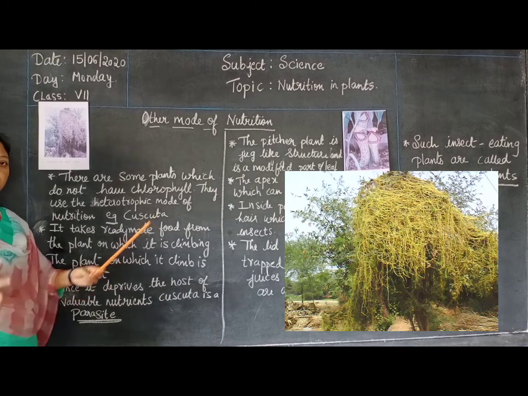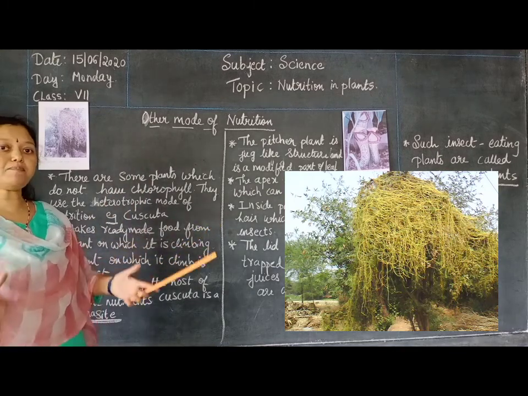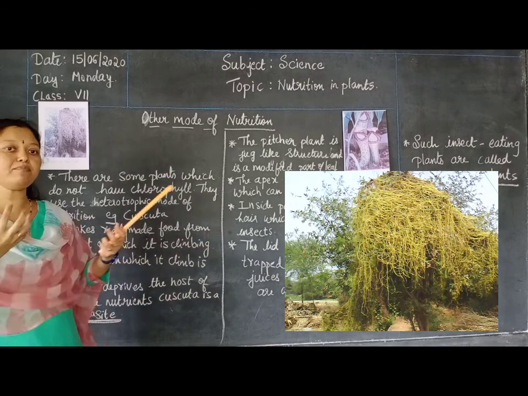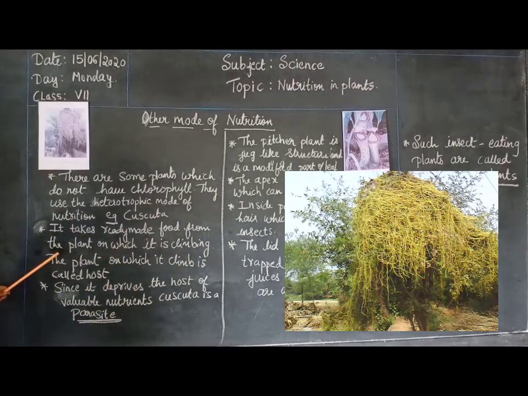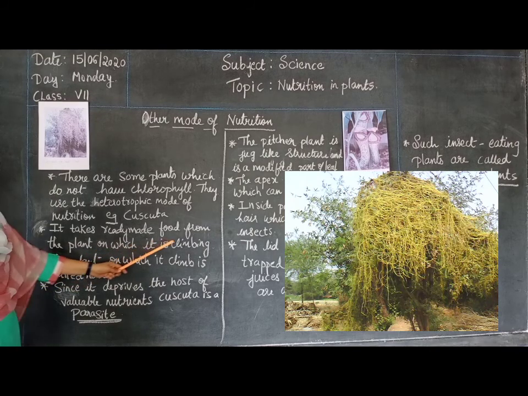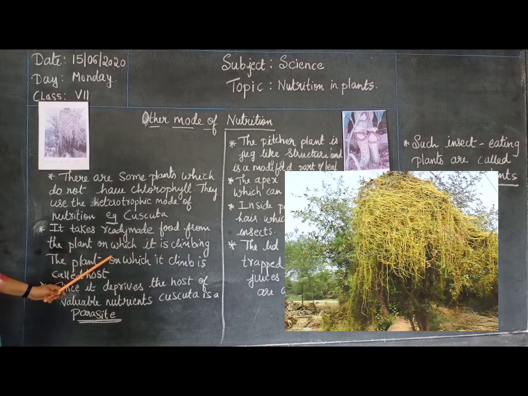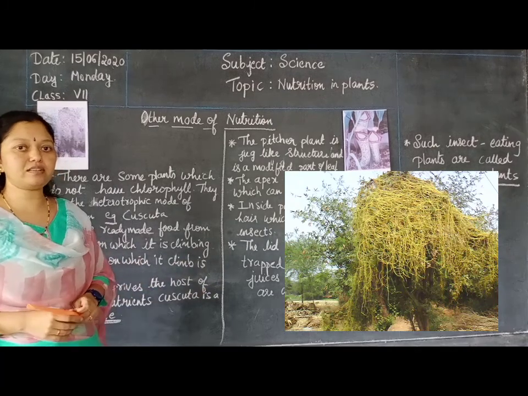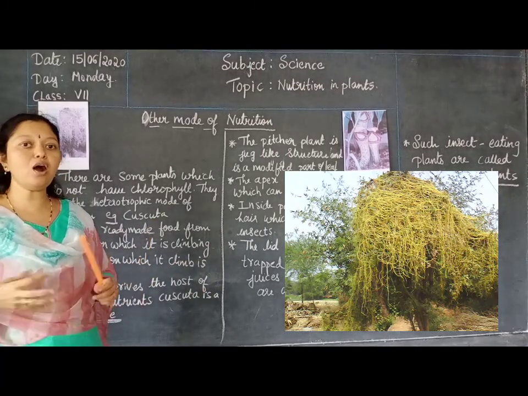Ready-made food means, for example, that when a plant is there, cuscuta climbs on it and takes the ready-made food from the plant on which it is climbing. The plant on which it climbs, which gives the nutrients, is called the host.